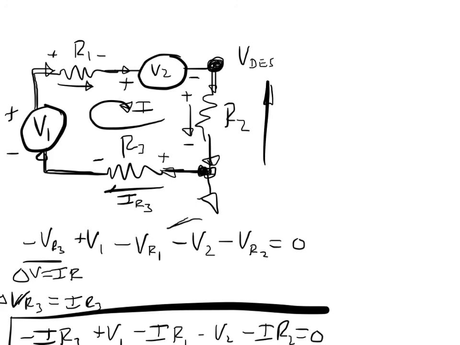So we already assumed I is going down, so if I really is going down, I must be going from a low to a high voltage. So I can say, starting at 0, I'm adding voltage, so whatever voltage drop is at R2, and then I stopped at V desired, so that has to equal V desired. And we know that VR2 is I times R2. So V desired must be IR2.